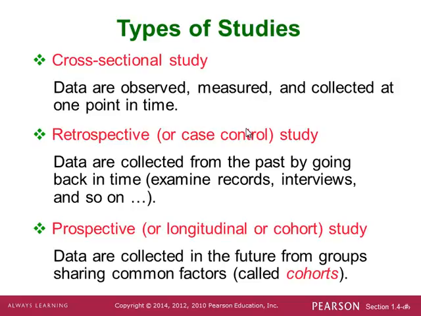And then there's prospective, where you might want to set up a study from here on out and look at maybe the connection, for example, between the drinking of red wine and the likelihood of getting heart disease.